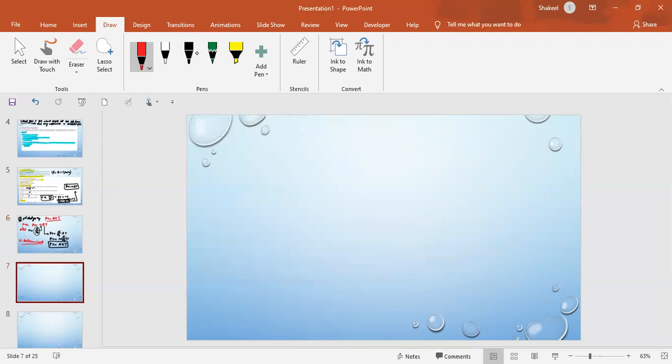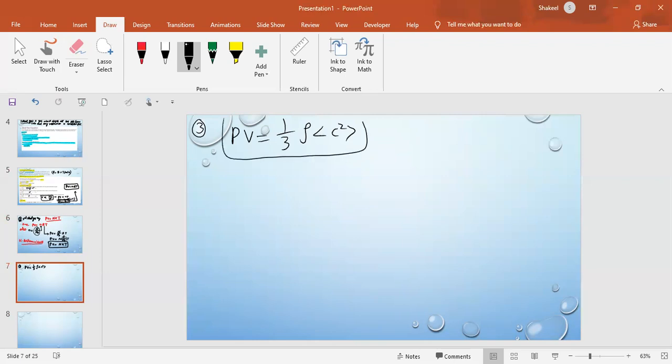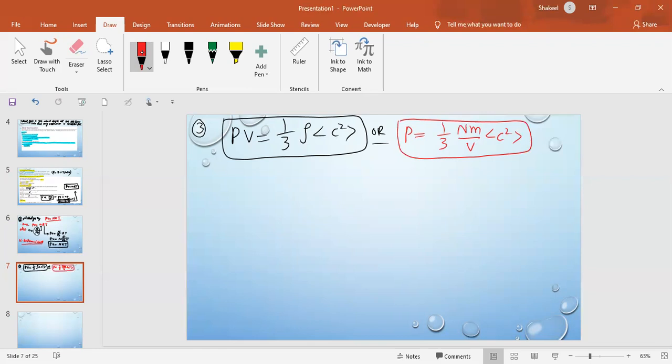Let's move on towards the third equation. We have to derive PV = 1/3 ρ c², or it can be P = 1/3 (Nm/V) c². This is the main equation we have to derive today. Here ρ is the density of the gas, and c² is the mean squared speed of gas particles.